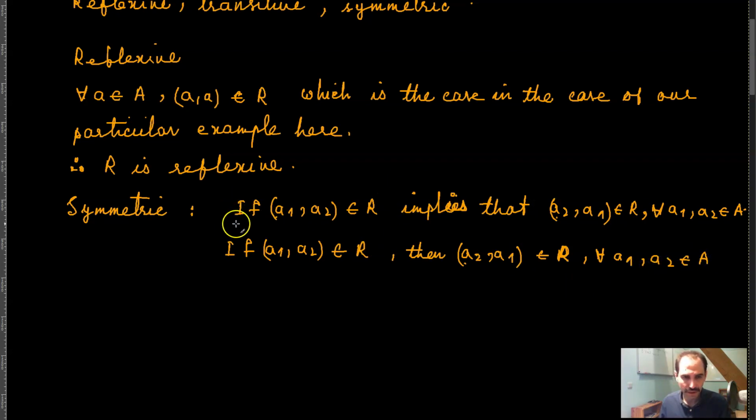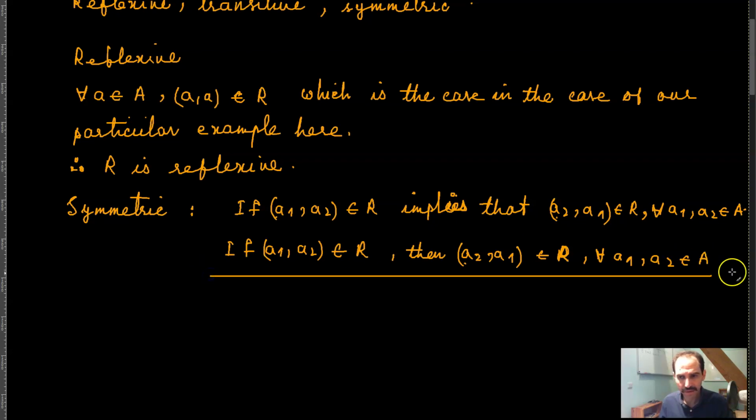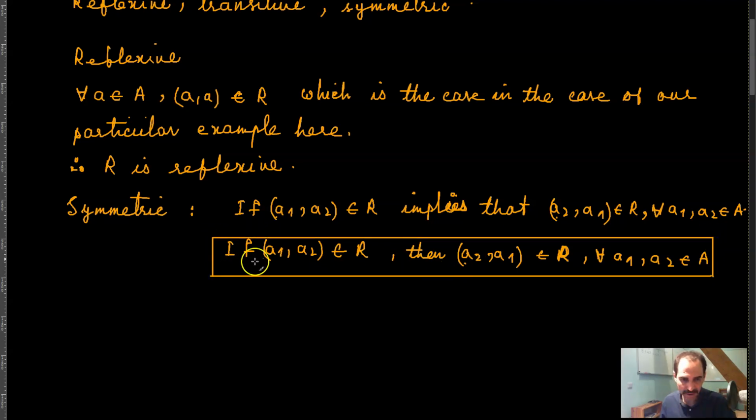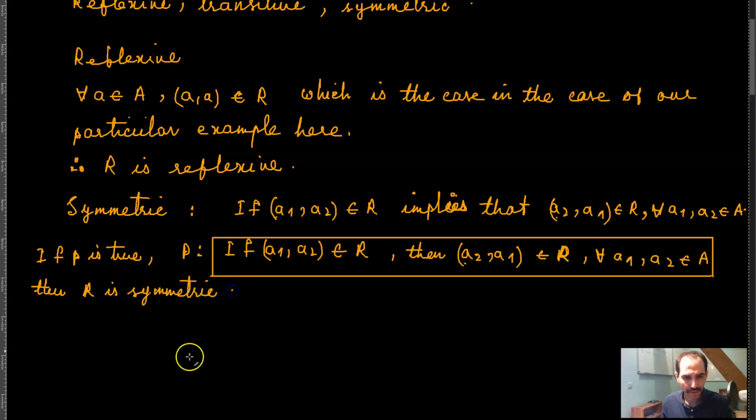Now, I can say that if this implies this, or if this statement is true, let's just call this statement P, for example. If P is true, then I can say that R is symmetric, right?